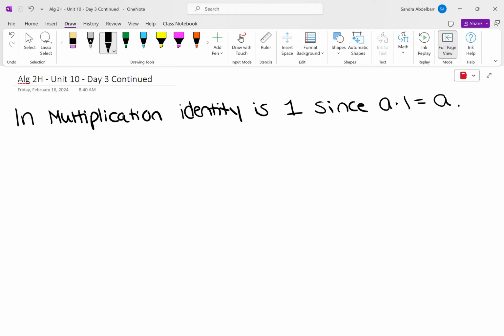Okay, so when we're talking about the multiplicative identity for matrices, we're only going to do this within square matrices.